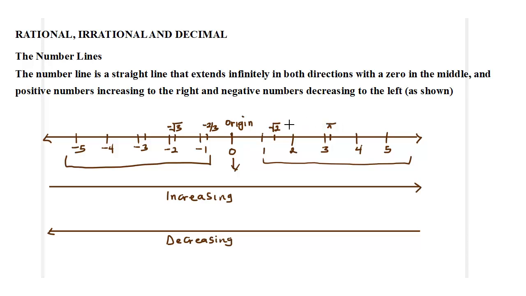The same applies to root 2, but they can find their place on the number line. For example, we know that pi is 22/7, which is 3.142, so 3.142 should be somewhere around here. The same thing applies to -2/3, √3, and so on.